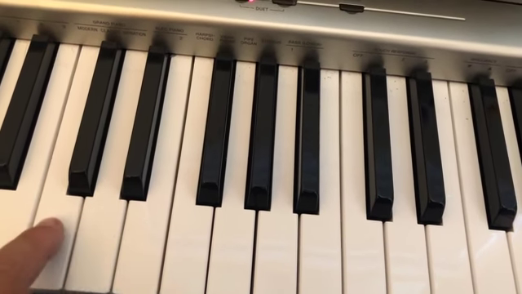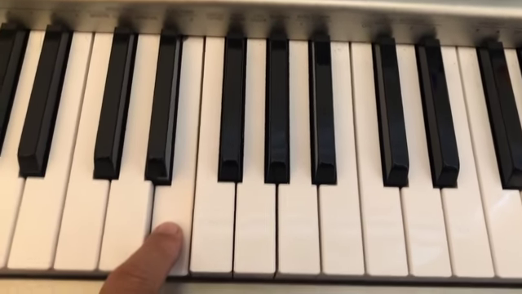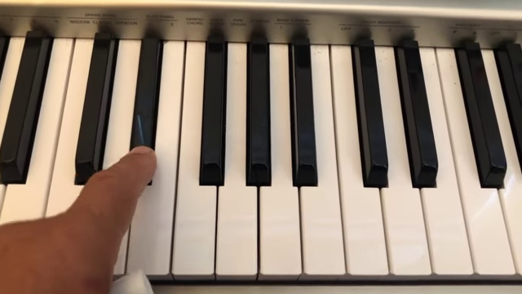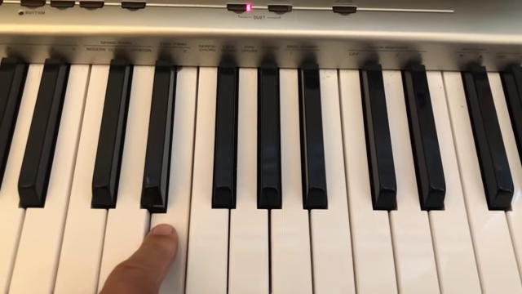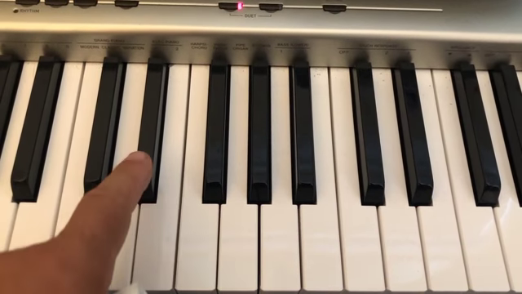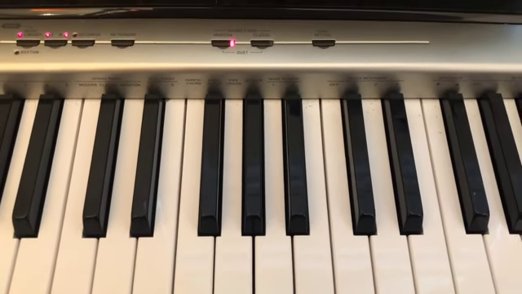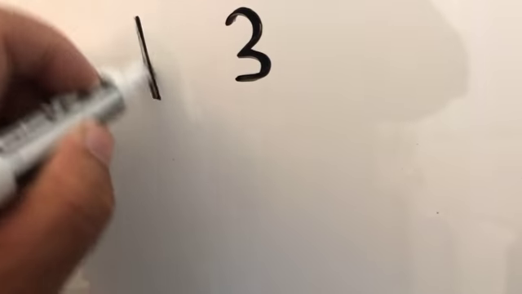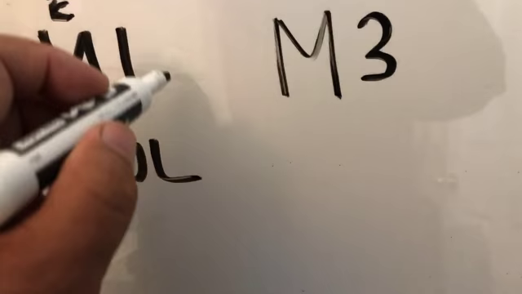C, D, E, 1, 2, 3. Well, let's count how many half steps. So 1, 2, 3, 4 half steps to get from the first note to the next one. You have to travel through, like 4, I don't know, like ticket booths or something like that on a toll highway. And when we have 4 half steps, we call that a major third, okay?